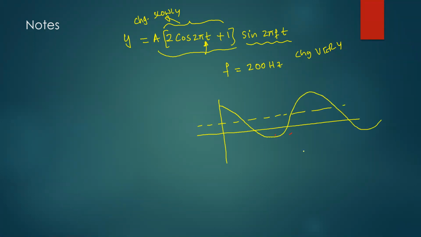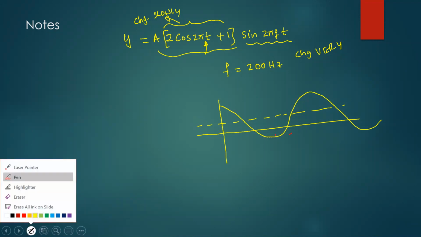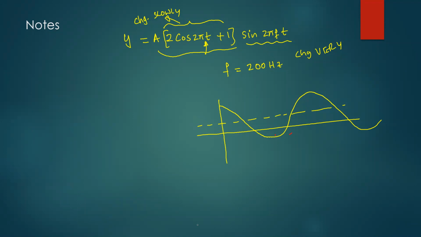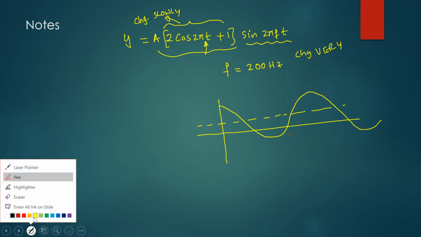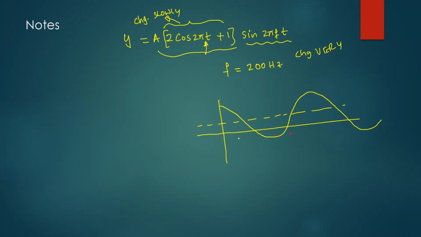It goes like this. Now the other function, the sine function, is changing very rapidly. That rapidly changing function will wiggle within this, but to do that, let us not get into too much maths here. You should also take an envelope of this. When I say envelope, you will have a mirror image of this function.